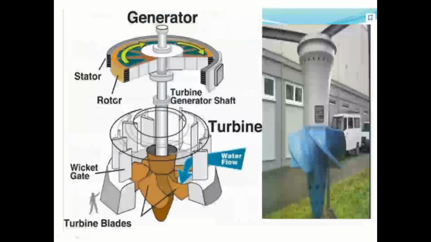Here also you can see a vertical shaft and to that the impeller is connected. So the Pelton wheel is a horizontal shaft turbine, and the Kaplan and Francis turbines are both vertical shaft turbines. That you all should remember.